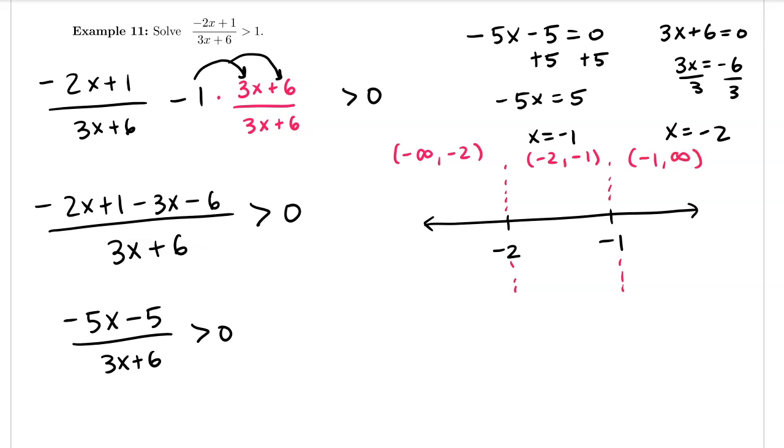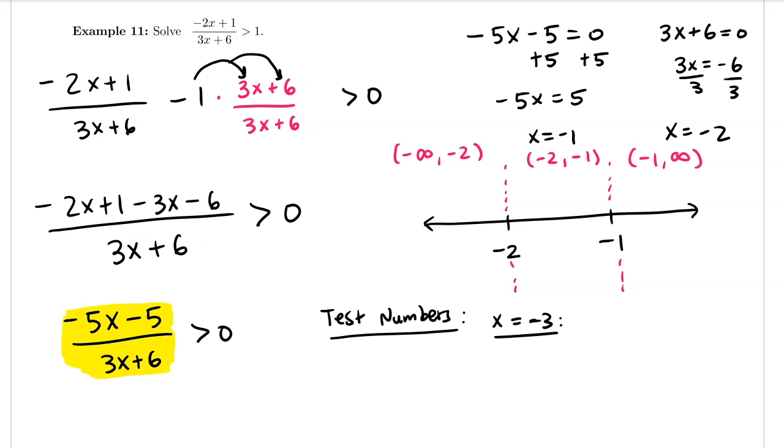Let's choose some test numbers or test values. I'm going to choose x equals -3 for my first one. And be careful, I want to plug in -3 into this expression here because I want to see when it will be positive.